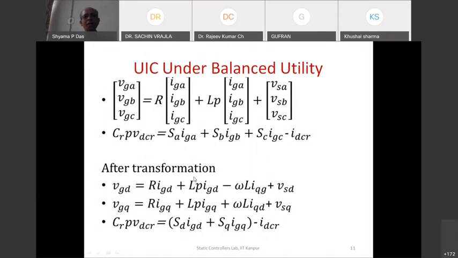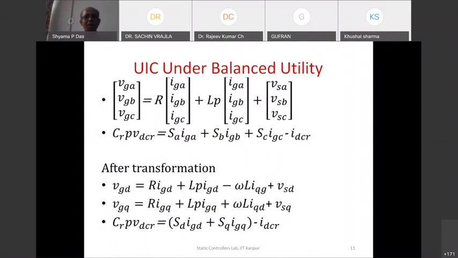So for each phase, we can write down this equation: VGA is equal to R IGA plus L di by dt IGA plus the voltage at the input of the converter, that is VSA. The converter is converting DC to AC; it is a utility interface converter.